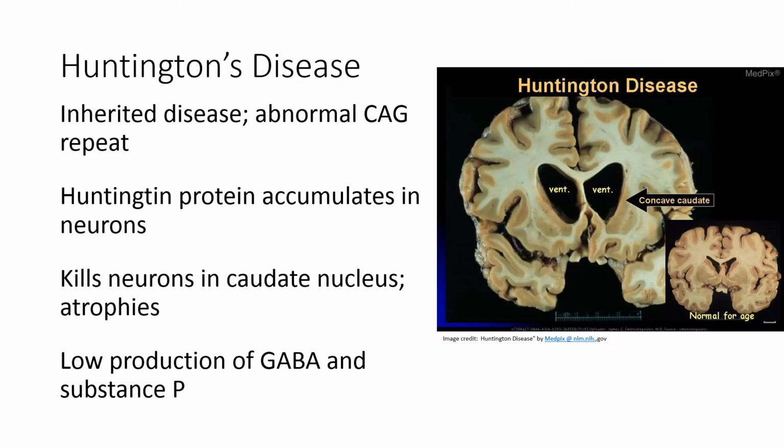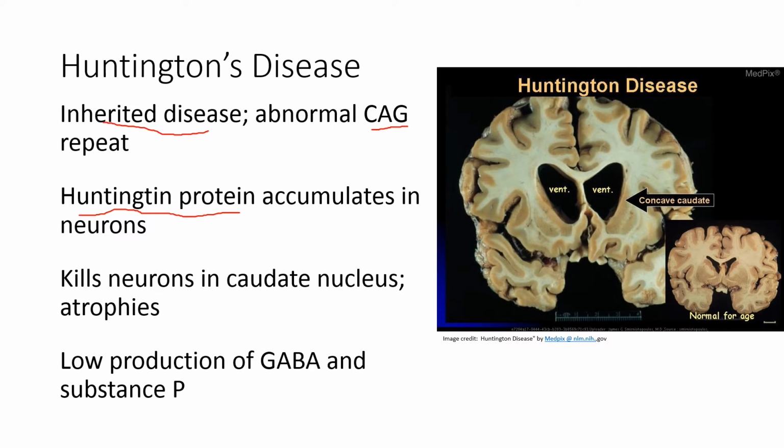Huntington's disease is a genetically inherited disease in which abnormal cytosine, adenine, guanine repeats are inserted into the gene for Huntington protein. As a result, this protein misfolds and begins to accumulate in neurons located in the caudate nucleus. As a result, the caudate nucleus begins to atrophy.